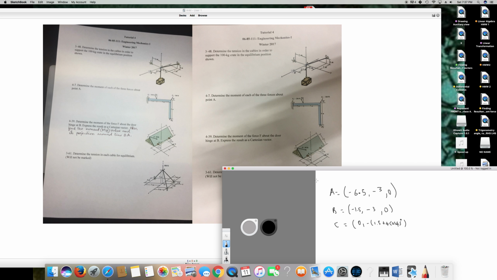And for the z, I have to just count the vertical distance, so it's 45 degrees up and 4 feet long, so it's going to be 4 sine 45, and it's positive.